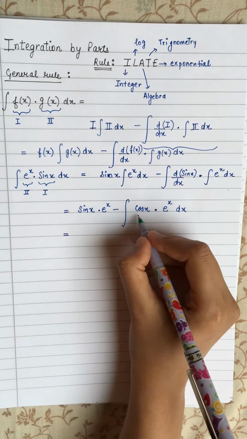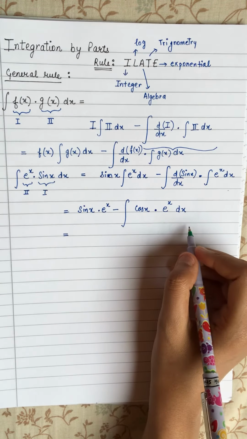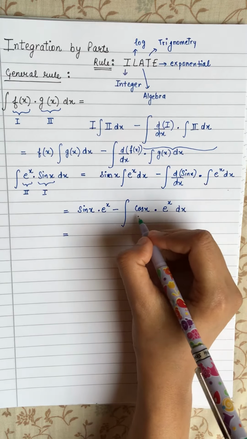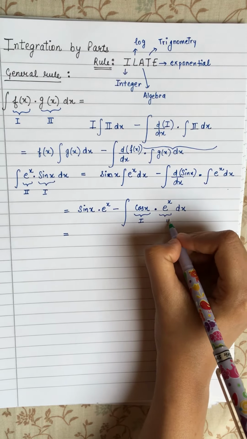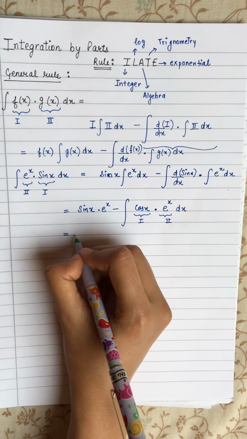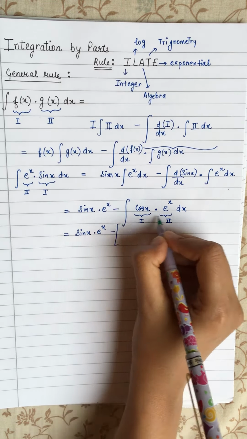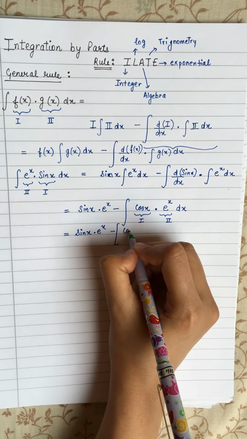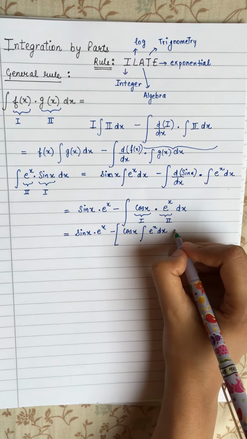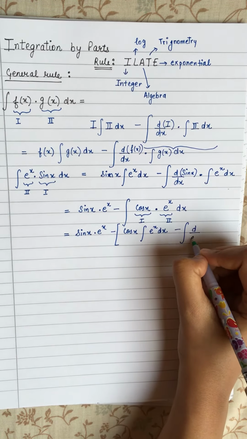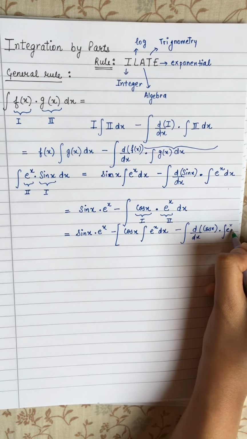Now this equation is still not our question, so we have to make it into more integration. Here our first function will be cos x, because it's a trigonometry function coming first. e^x will be our second function. Now this one we can write as it is. We can make brackets for this. Now first function as it is, so cos x will be as it is, integration of second function, same rule we are applying again: big integral, differentiation of first function into integral of second function.